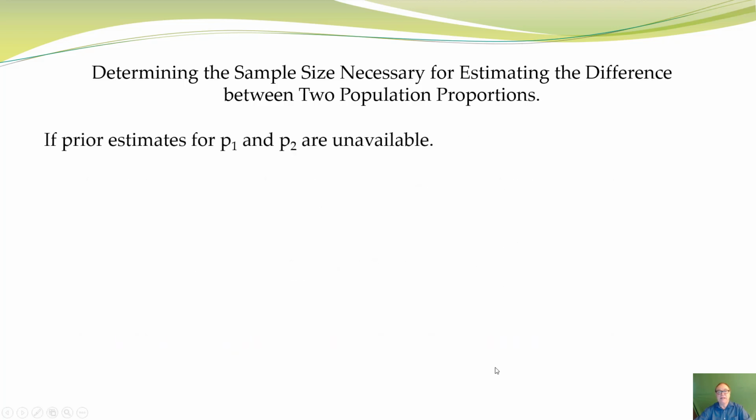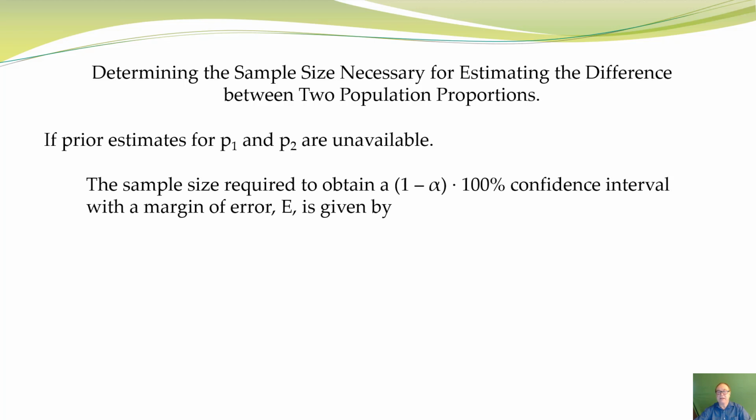Now, if prior estimates for P1 and P2 are unavailable, we don't know anything. If you remember in chapter 10, we used the 0.25 times the quantity. Well, in here, we're going to use 0.5. The reason for using 0.5 is we have two samples.